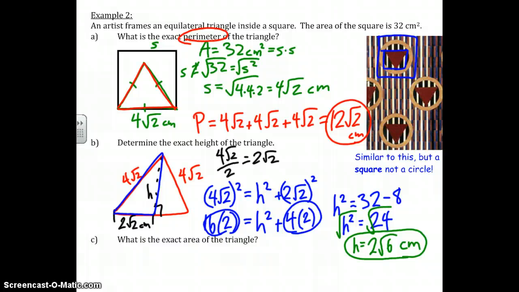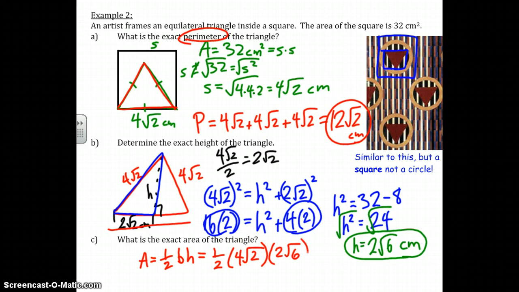The last step here: what's the area of the triangle? The area of a triangle is equal to 1/2 base times height. So we've got 1/2, and the base is the distance all the way across, which is 4 square root 2, and the height is 2 square root 6. We just need to simplify that.